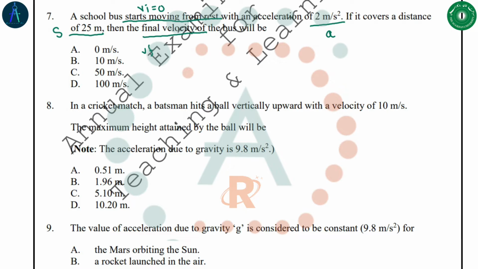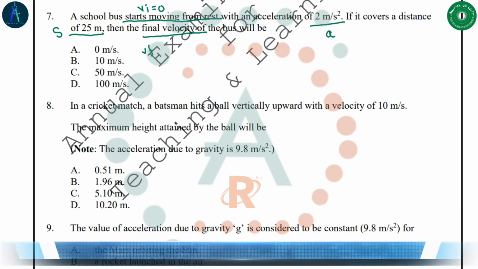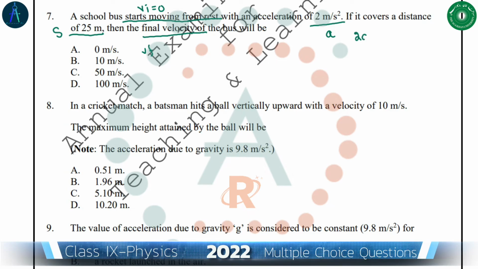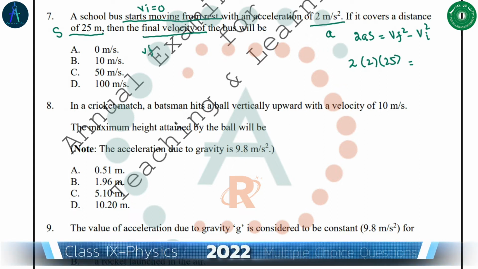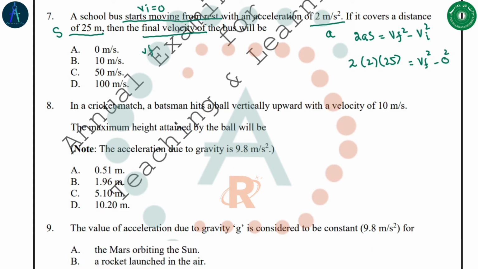The formula we are applying in this situation is the third equation of motion, that is Vf square minus Vi square equals 2as. So acceleration is 2, distance is 25, equals Vf square, since we have to find the final velocity, and the initial velocity is 0.